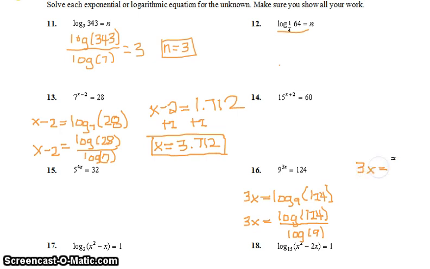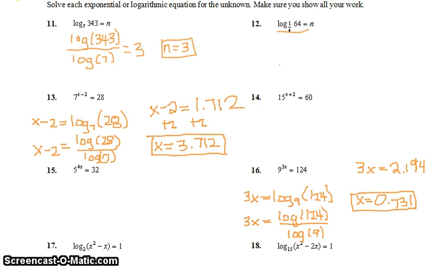Type that into your calculator, log of 124 divided by log of 9, and I get again a decimal, 2.194, it looks like, if I round. Divide that by 3, so for problem number 16, x equals 0.731.